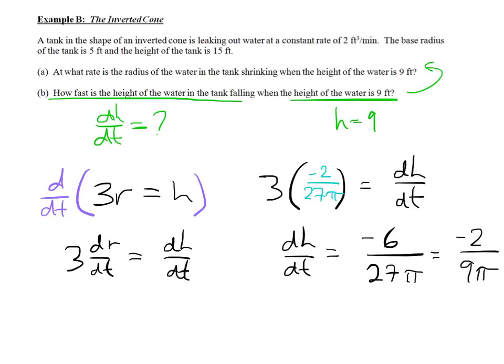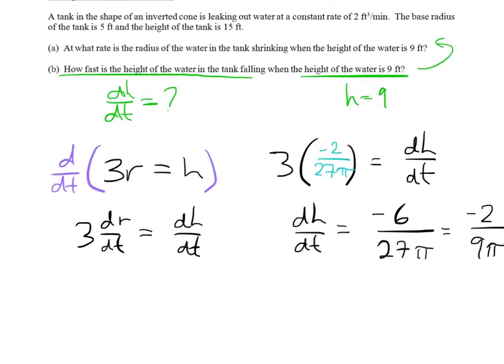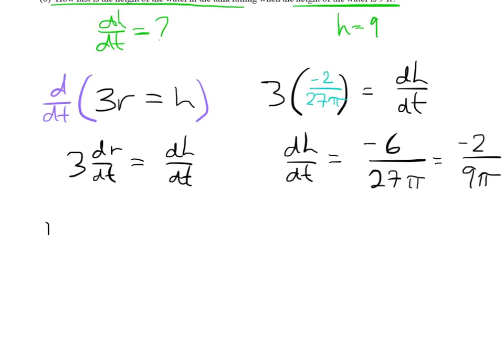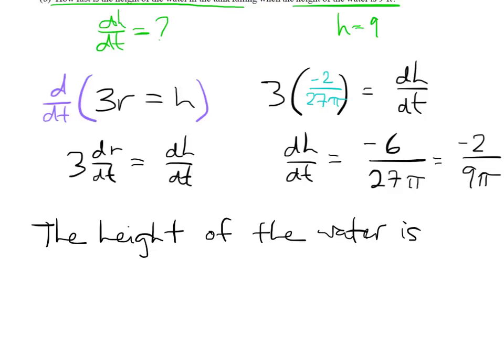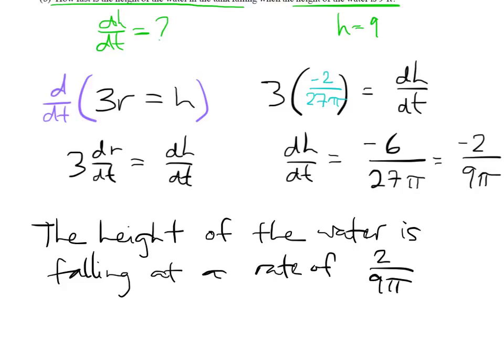So again, the question asks us how fast is the height of the water falling, so we can again conclude here that the height of the water is falling at a rate of 2 over 9 pi feet per minute.